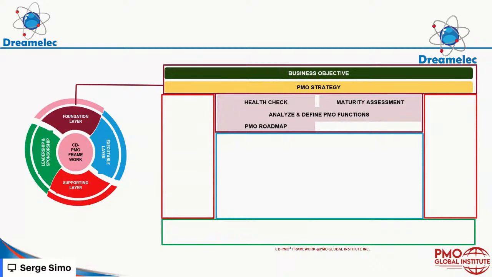And from there, you analyze and define the required functions that you need. Because you have the as-is situation of your organization, and when you define where you would like to be in terms of maturity level, you will put in place what we call the PMO Roadmap.